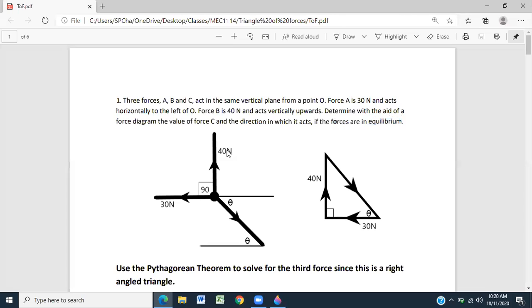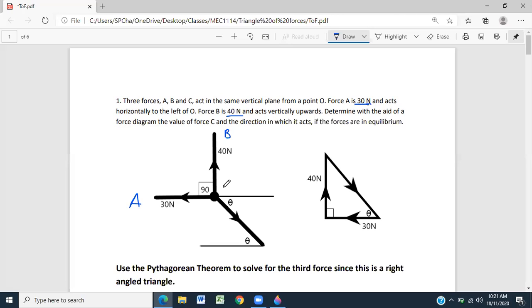And first we gotta start off with a force diagram, right? So we take our two forces, 30 Newtons and 40 Newtons. This here is A. Force A acts horizontally to the left of O. And force B, 40 Newtons, acts vertically upward.